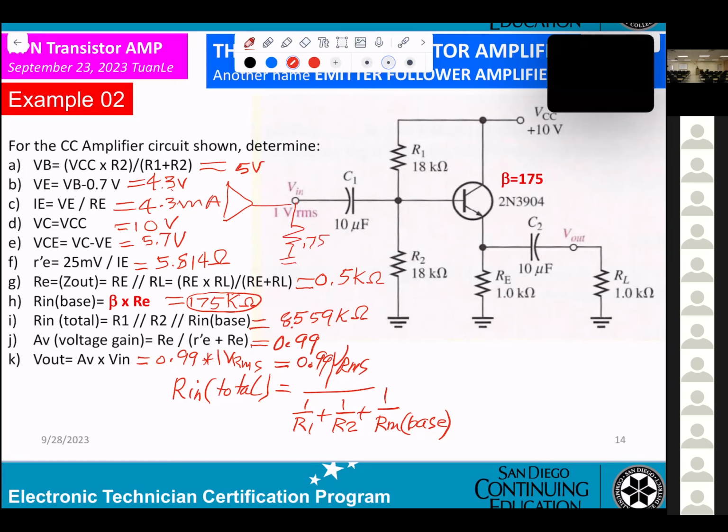That means they're not loading the signal coming out from the other amplifier. If this is small, that means they're loading it down. That's what they don't want. If they need to amplify, they use CE, common emitter.